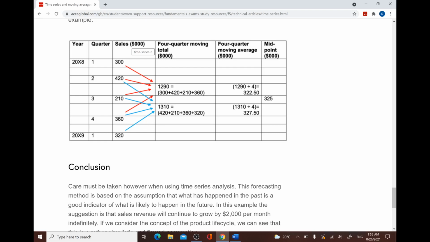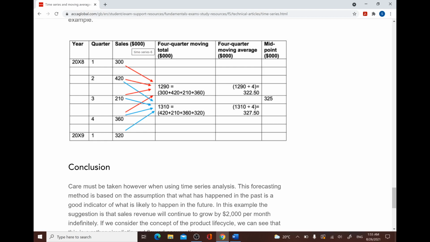Or what you can do is take 1290 plus 1310, and you get your midpoint here. That becomes the 8-quarter moving total. You can do that. All right, taking 1290 and 1310 added up, right here, this is the 8-quarter moving total.